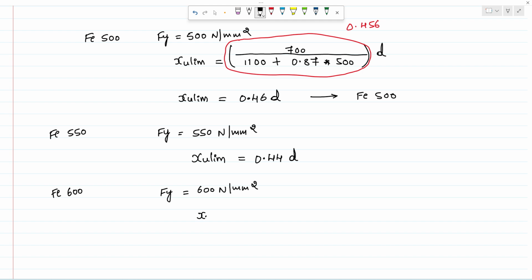So final equation, maximum depth of neutral axis XU limit equals 0.43 times D. So this is for Fe 550 and this is for Fe 600.